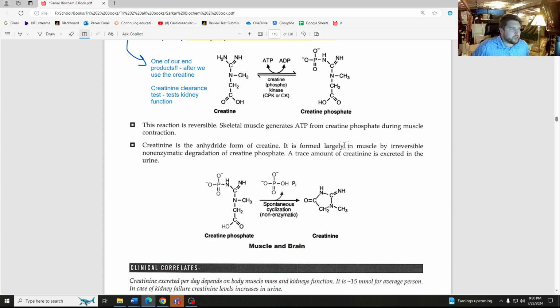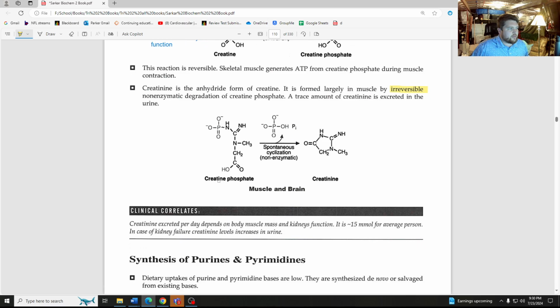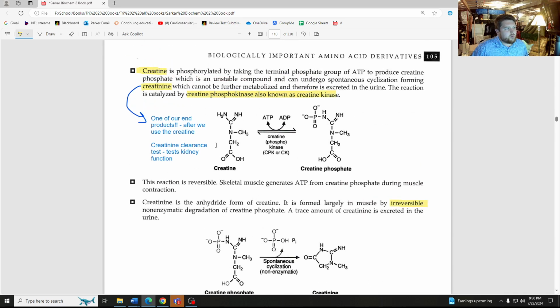It is formed largely in muscle by irreversible, keyword there, irreversible, non-enzymatic degradation of creatine phosphate. A trace amount of creatinine is excreted in the urine. So it can go back and forth between creatine and creatine phosphate.